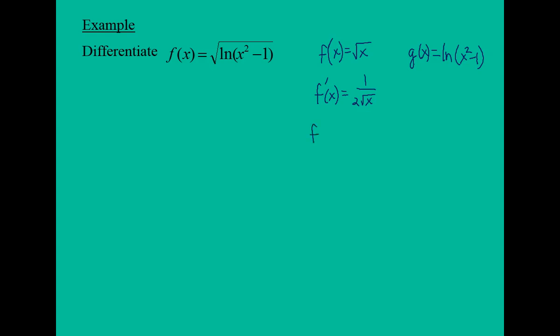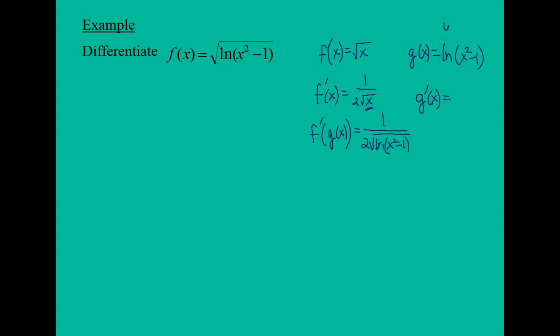Then we're going to find f prime of g of x. So that would be 1 all over 2. Now I'm going to replace the x with g of x. So we'd have the square root of ln of x squared minus 1. And then finding our g prime of x, we know this one is the derivative of the inside function over that inside function.